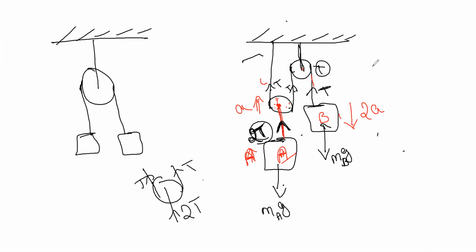First, the equation for block B. F net, it is moving downward, so mg minus T should be equal to mass of B into acceleration.